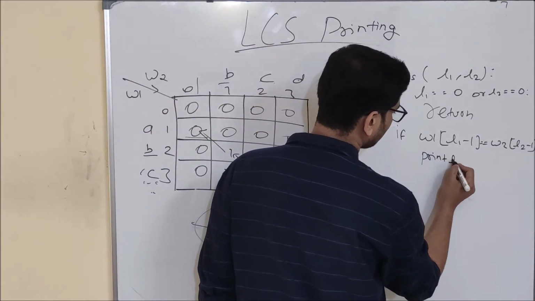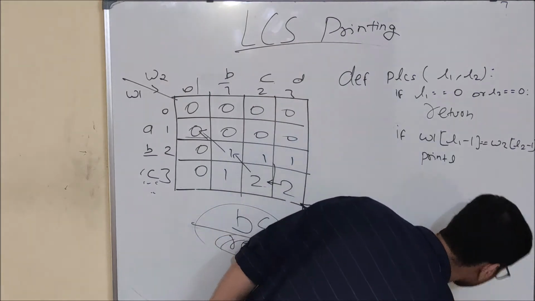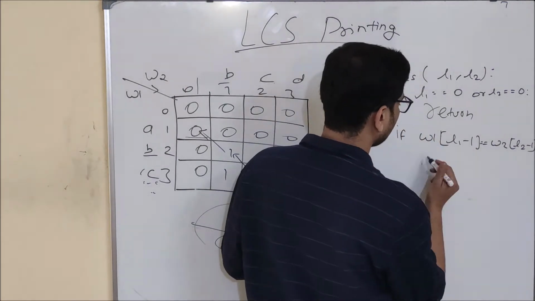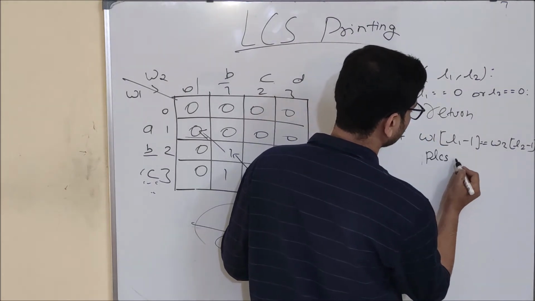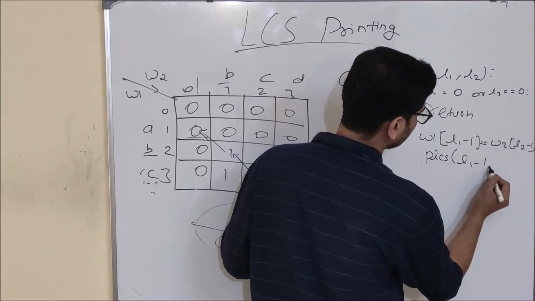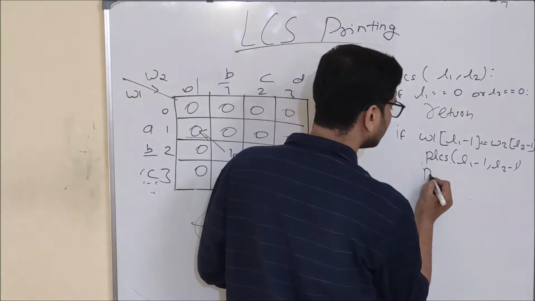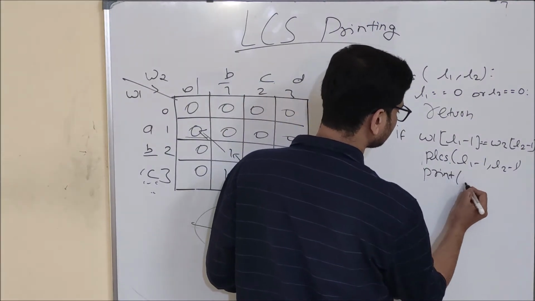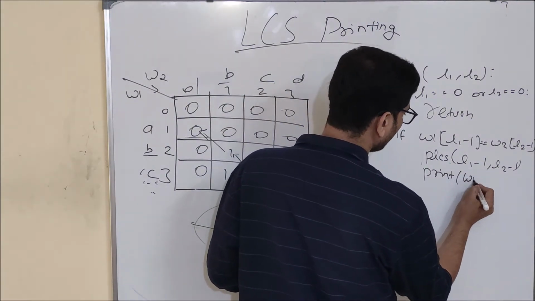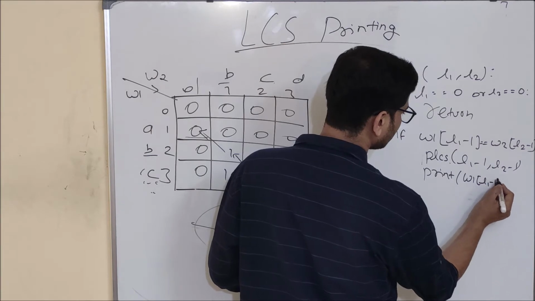So first, I am going to make a recursive call PLCS of L1 minus 1, L2 minus 1. After that, I will print word1 of L1 minus 1.